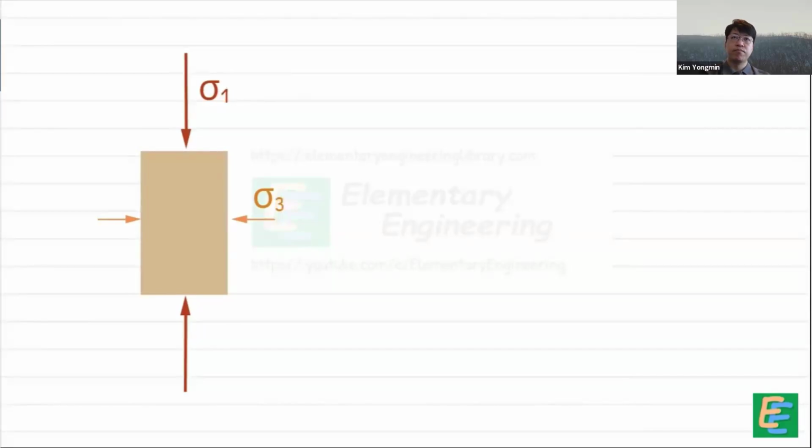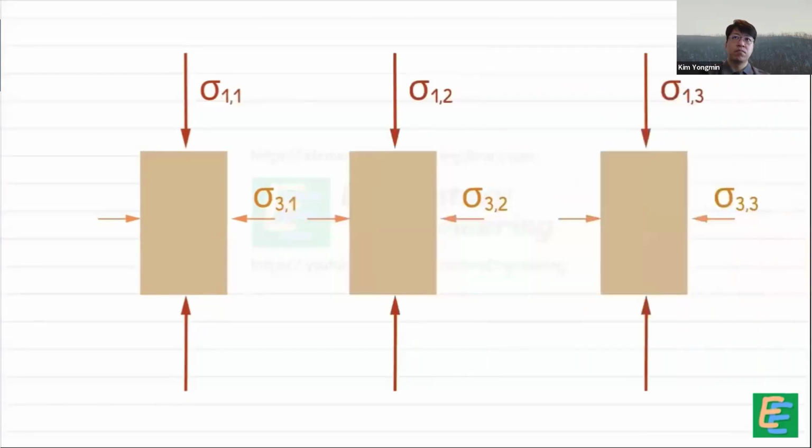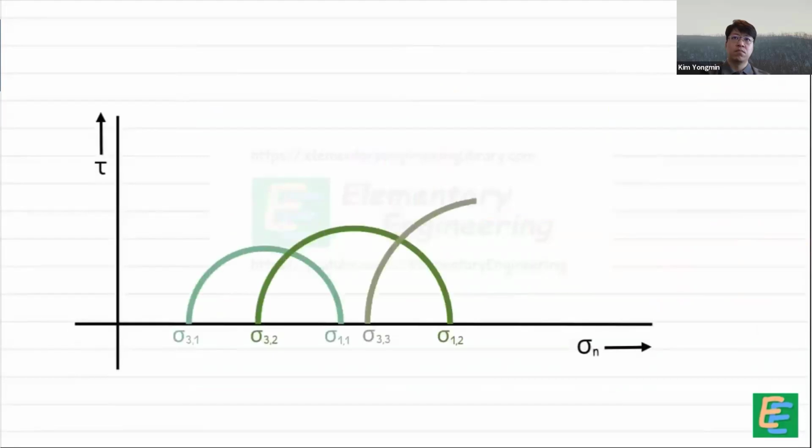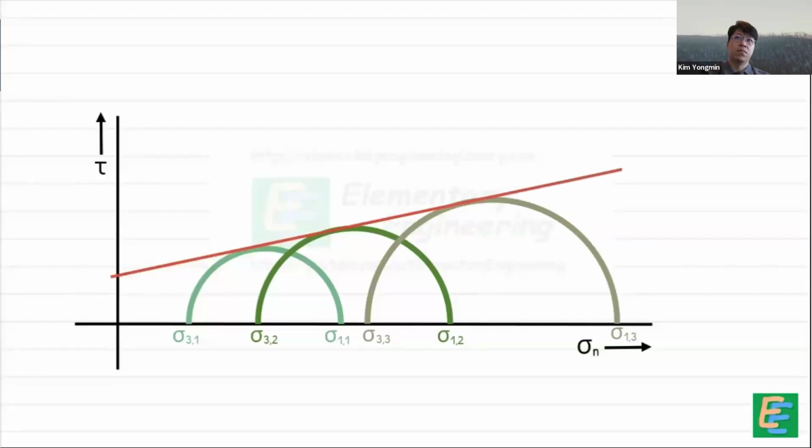Using the data of these principal stresses at failure obtained from all three samples, we plot Mohr circles for each sample. These circles show the stress conditions at failure for each sample. We then draw a common tangent to all three circles, which touches all three circles.